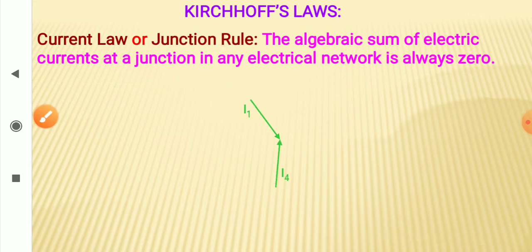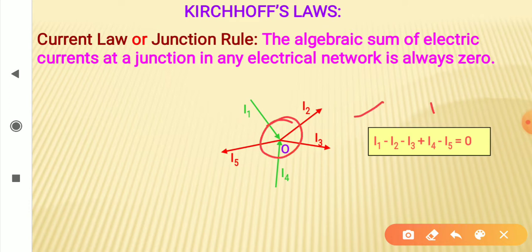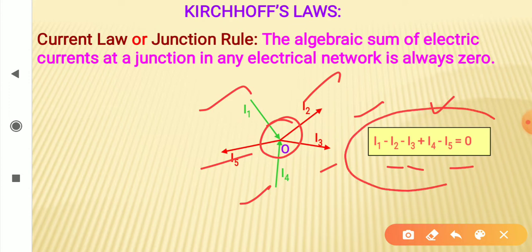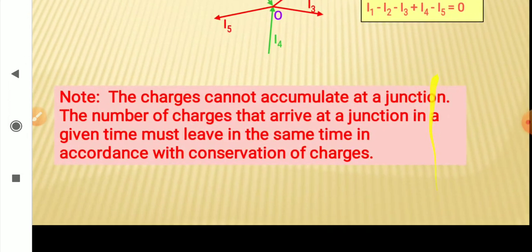It means the sum of incoming currents and the sum of outgoing currents must be equal at a junction. If we take incoming currents as positive, like I1 and I4, and outgoing currents as negative, I2, I3 and I5, then their algebraic sum will be 0, or we can say that the sum of incoming currents is equal to the sum of outgoing currents.